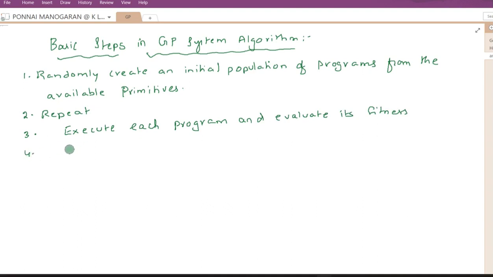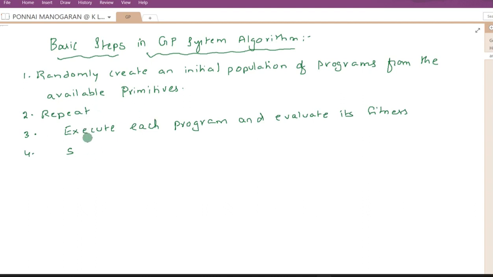Okay, and then since we randomly generate a set of programs in the initial population, your next step is to take each program in the population and then evaluate its fitness.